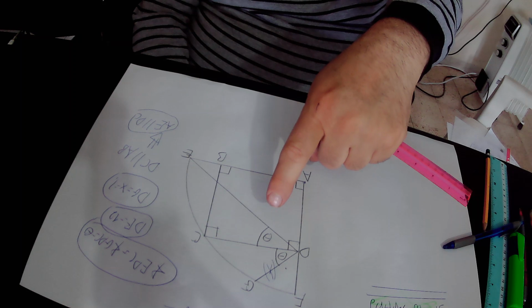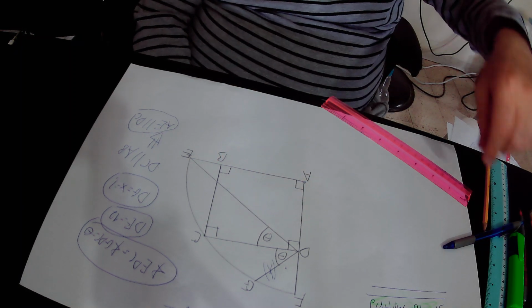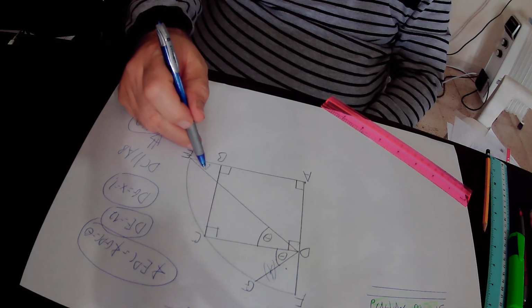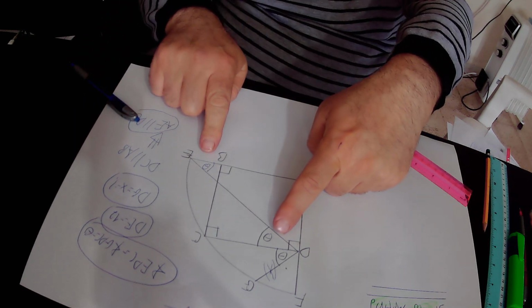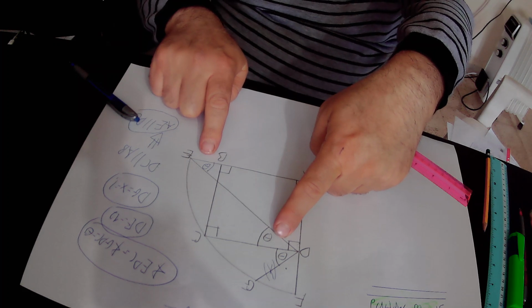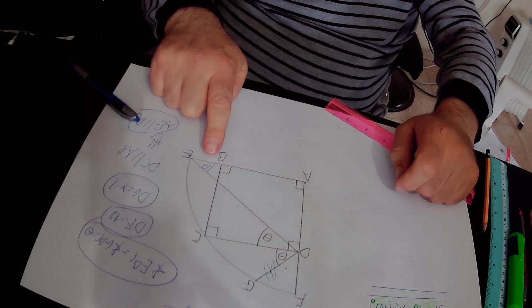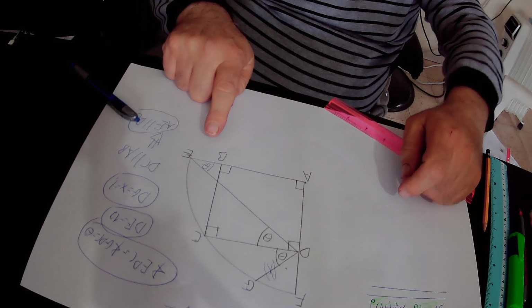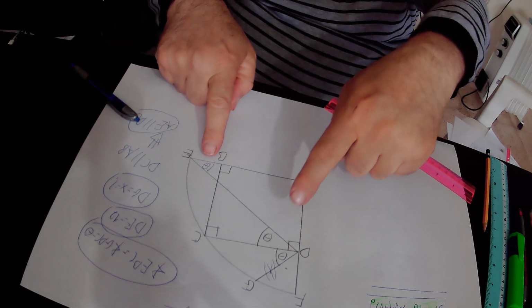But this angle equals theta, therefore this angle must also equal theta. Repeat again: those two alternating angles between the parallel lines DC and AE must be equal to each other. So if this angle is theta, then this angle must also be equal to theta.